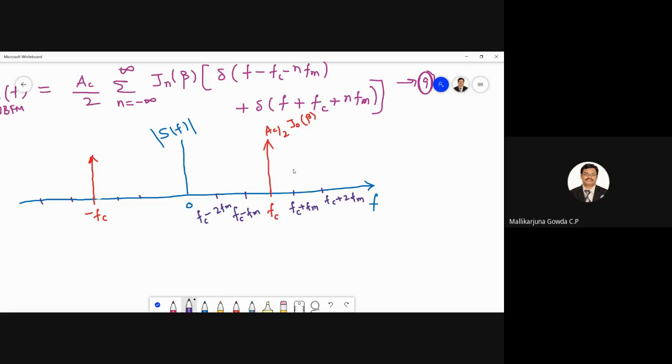So roughly I'm drawing its magnitude. Let us see what should be the value of its magnitude. Let us assume that this is one sideband, right? Side frequency. Maybe the next one is another side frequency at FC plus 2FM. Anyway, as the value of n increases, the magnitude of the sideband also decreases. In the same way, you can write for the negative frequencies also.